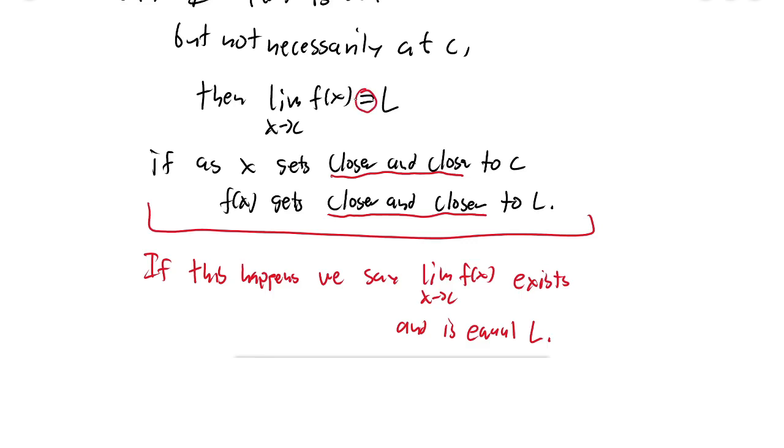It's not like a normal equality that you would see in a normal equation because there's this closer and closer idea. So we'll talk about limits existing and then we'll talk about them being equal as well.